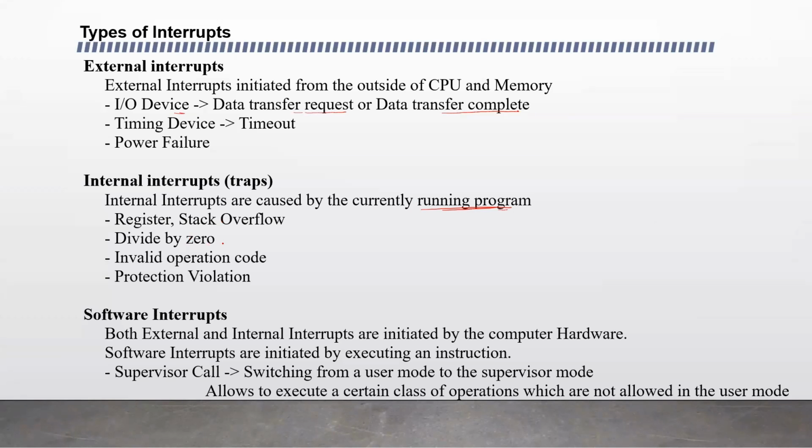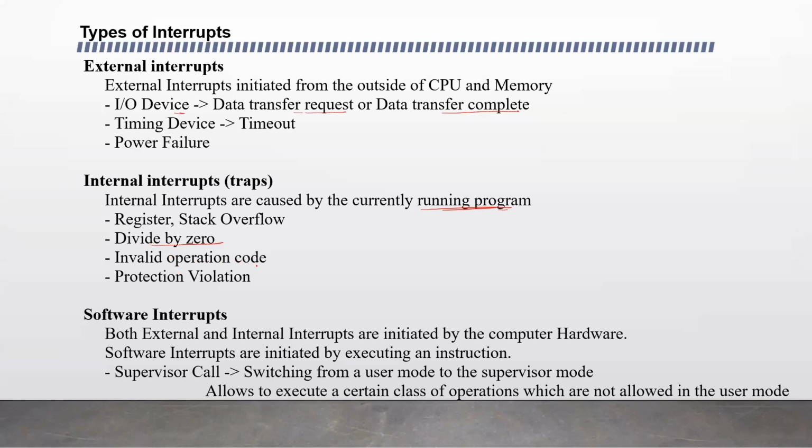And divide by 0. There is an operation in the program, the operation to be performed is division, and we are trying to attempt a division by 0, which cannot be done. In that case the interrupt is initiated.